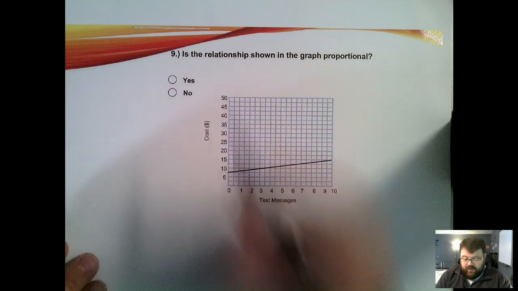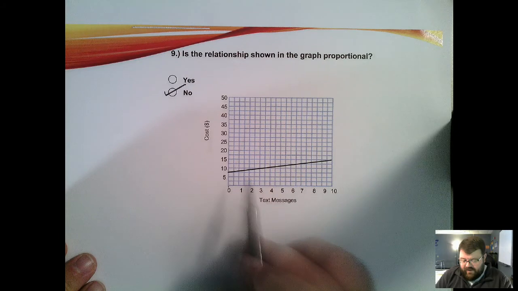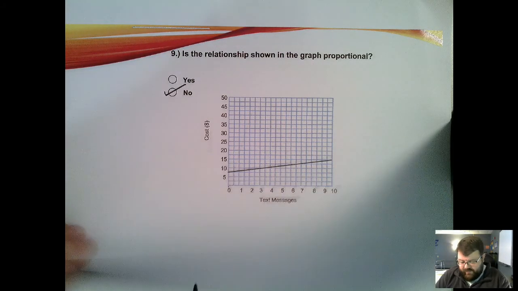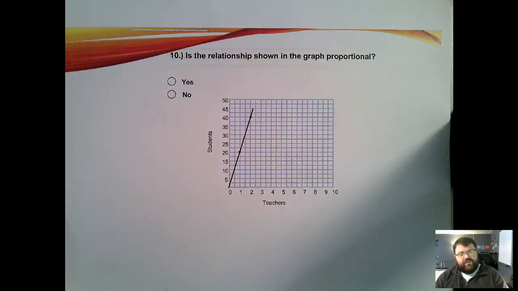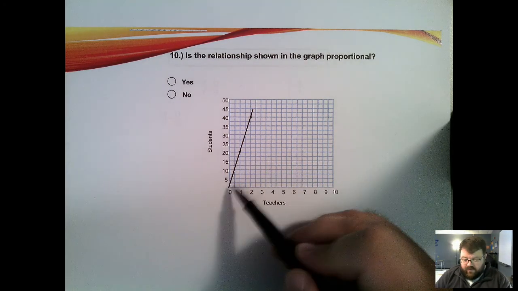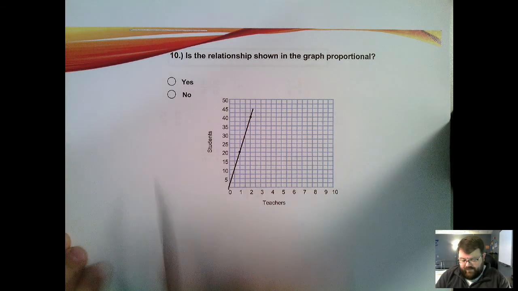Hopefully you said no, because it does not pass through the origin. It is a straight line, but it doesn't pass through the origin. Number 10, yes or no? Hopefully you said yes, because it is a straight line that passes through the origin.